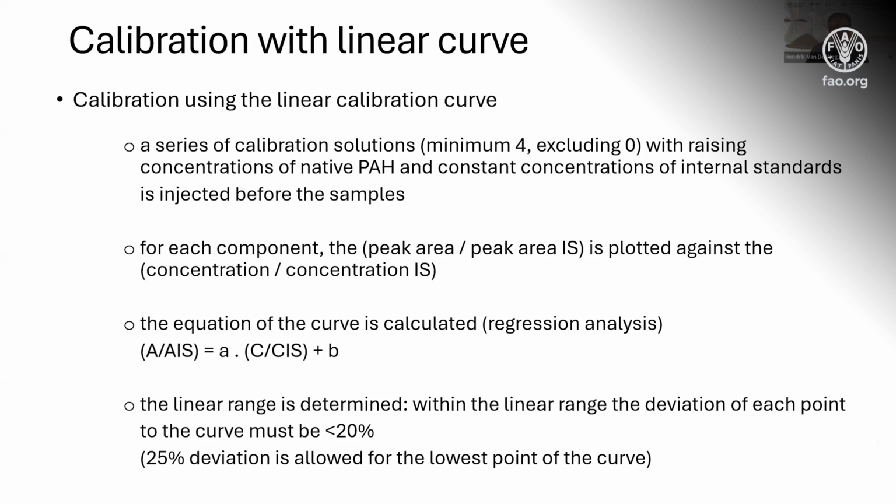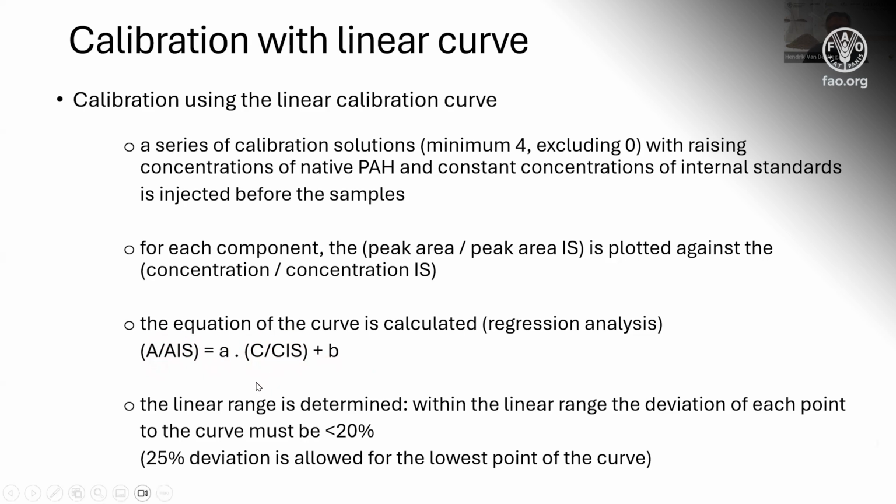So for each component, we can then put the peak area divided by the peak area of the internal standard. We can plot it against the concentration divided by the concentration of the internal standard. And with regression analysis, we can calculate the equation of the curve. Here we have the equation of the curve, and that gives us the relation between the surface of the peak, the peak area, and the concentration.